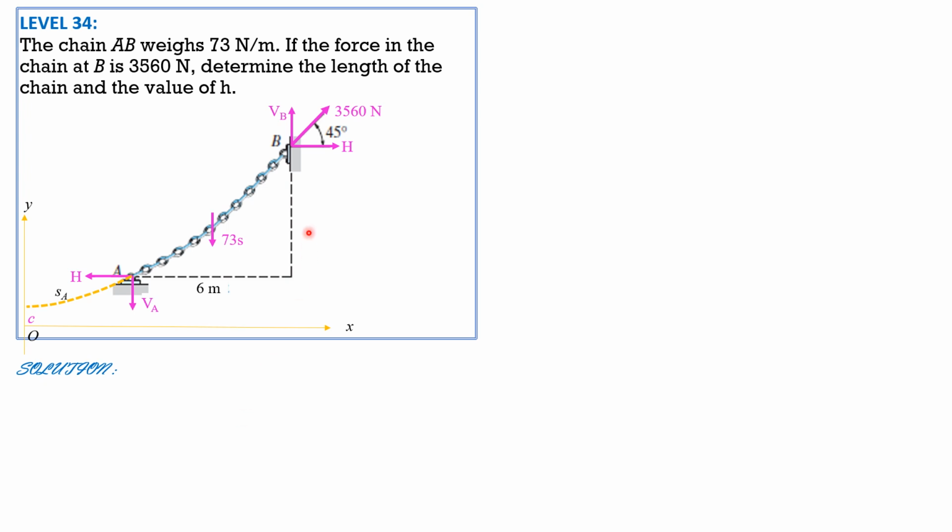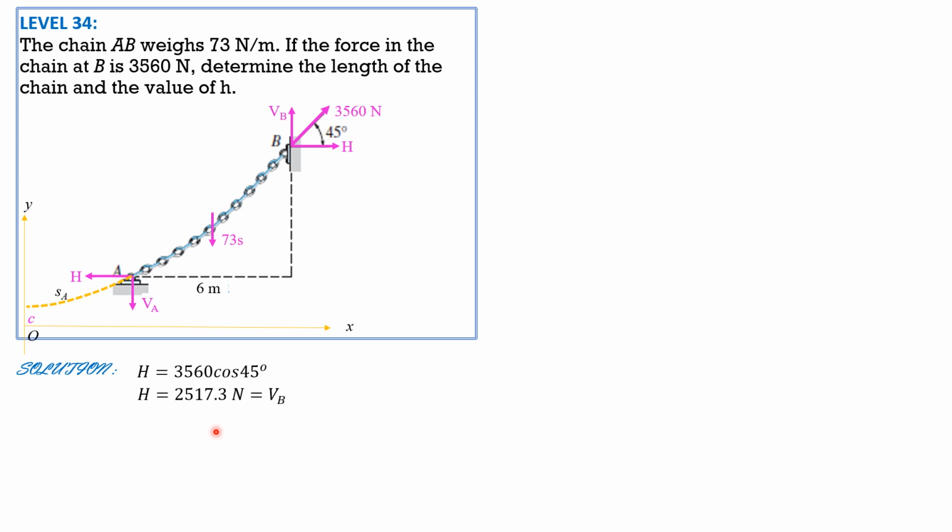Then H can be solved as the difference between YB and YA. This is YA and this is Y sub B. So H is 3560 cosine of 45 degrees. So H is 2517.3 newtons, and it is also the vertical component of tension at B because sine and cosine of 45 degrees are equal.